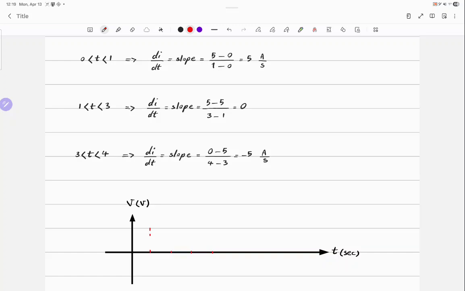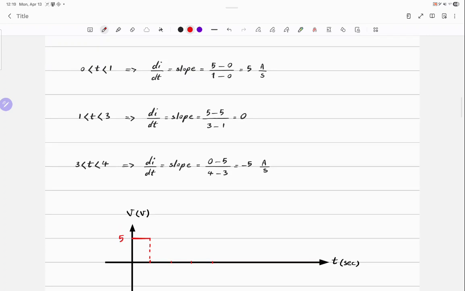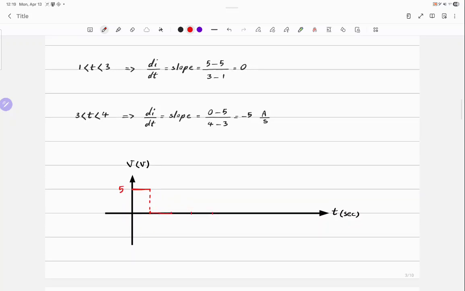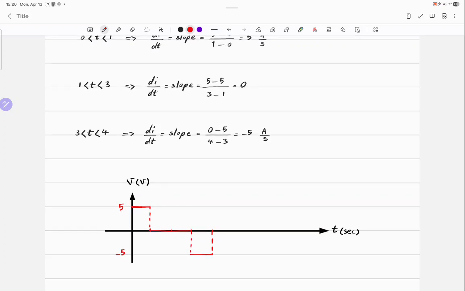Between 0 and 1 is 5 volts, and between 1 and 3 is 0, and here is negative 5 volts. Any problem? No?